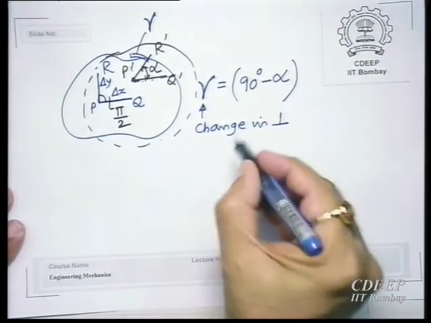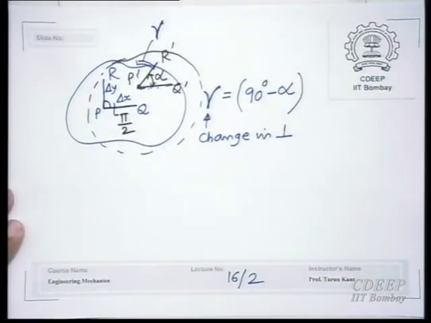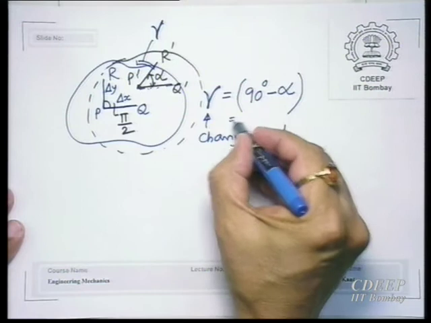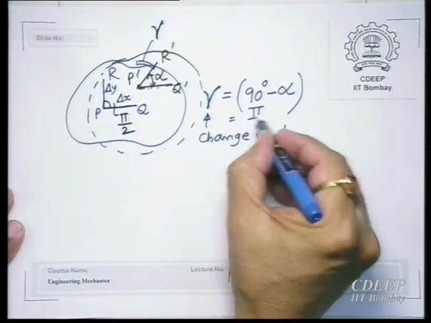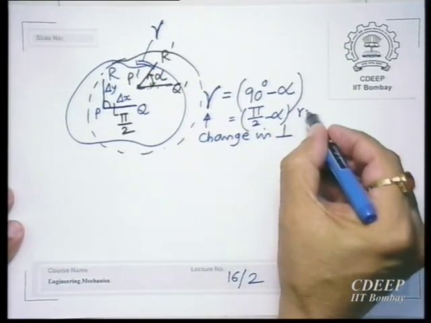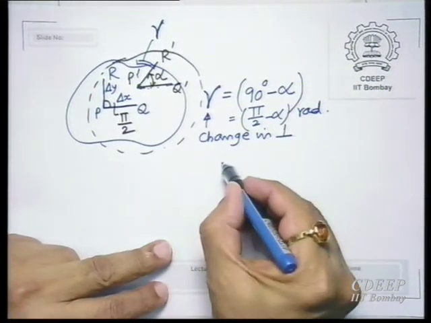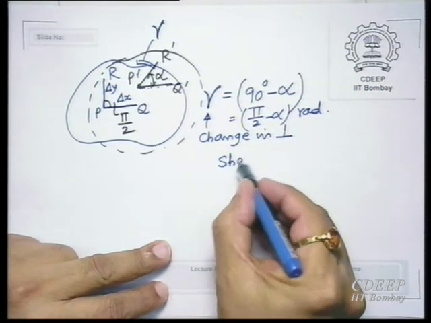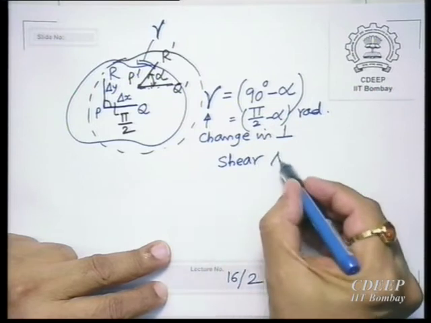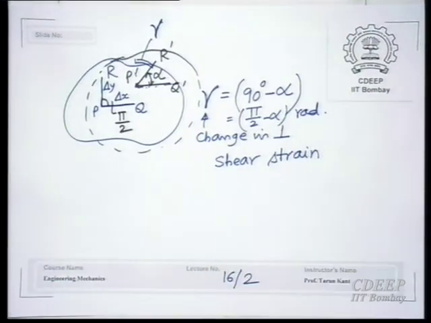And this strain is also a measure, because this will be in radians. By the way, this is not 90 degree, this is pi by 2 minus alpha, so many radians. So this change in angle, we call it shear strain. So you have two kinds of strains.